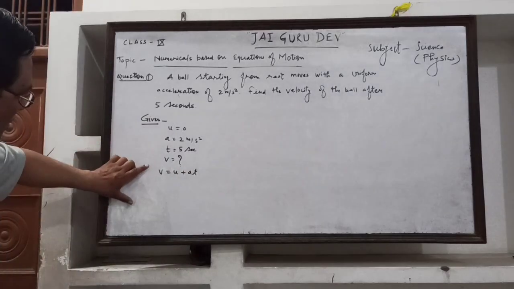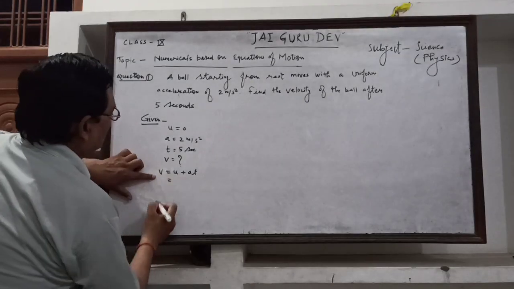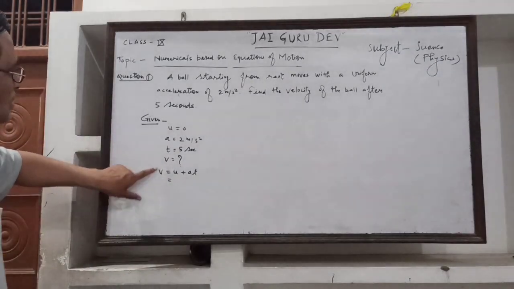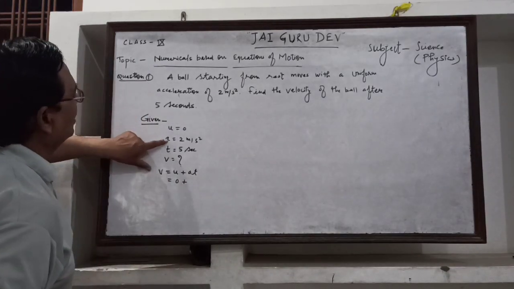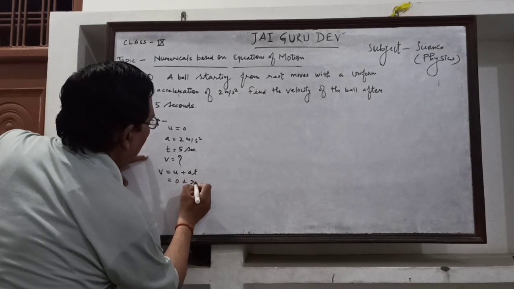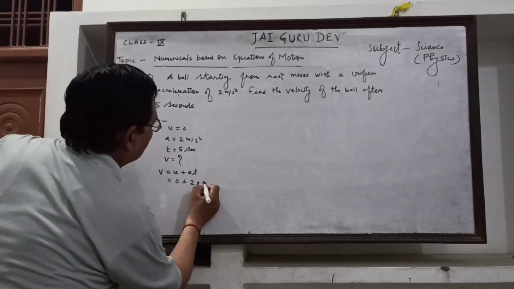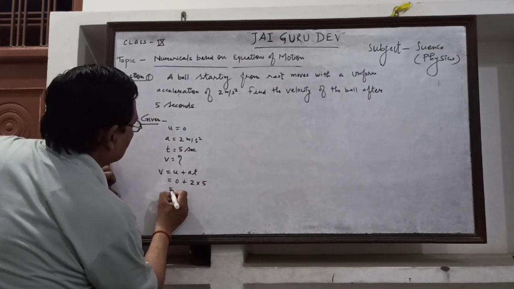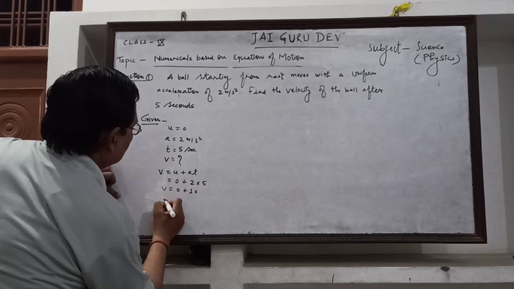And now you have to put the values. We have u 0, a for acceleration 2, multiplied by t 5. So 0 plus 2 times 5 is 10.